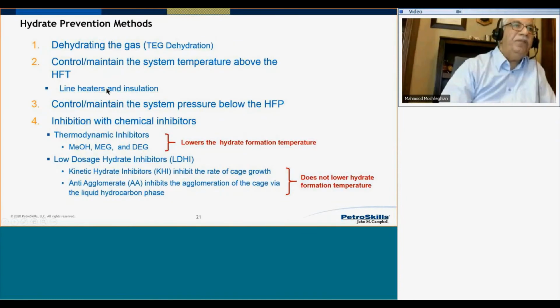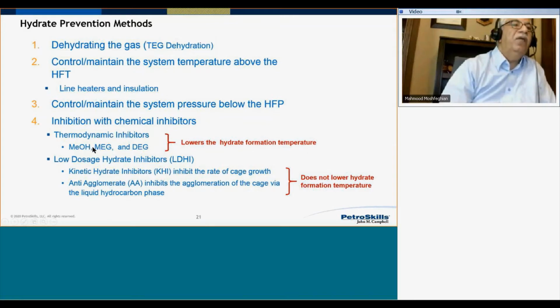Next is control and maintain the system pressure below the hydrate formation pressure. This is not very common, but again, one way of preventing hydrate formation. Number 4, inhibition with chemical inhibitors. There are two types of them: thermodynamic equilibrium inhibitors, or for short, equilibrium inhibitors. That includes methanol and MEG.